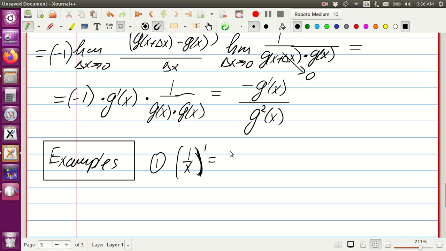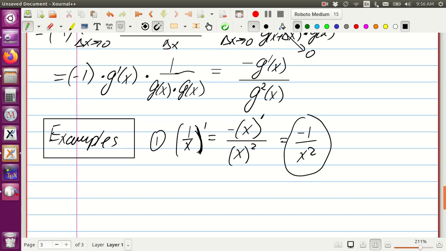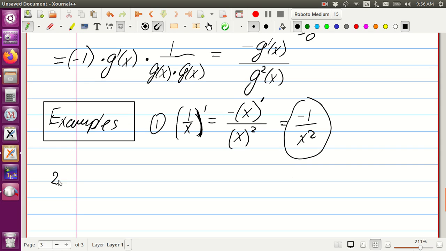So according to this rule, we have to put minus, we have to take the function from the bottom, and we have to put a derivative sign on it, and on the bottom we have to put the function squared. The derivative of x is 1, so we have negative 1 over x squared, and that's actually what we knew from before. So that was just to practice.